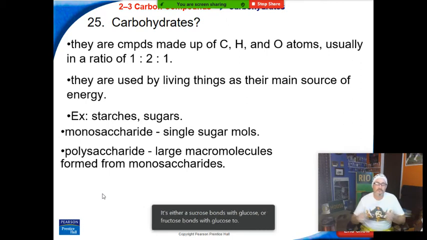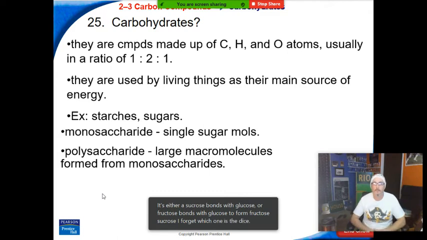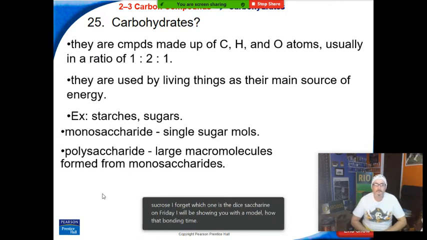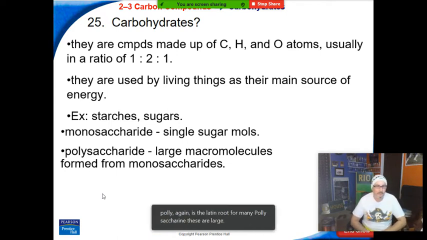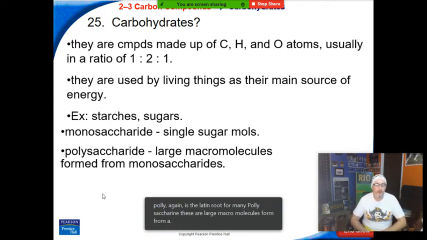I forget which one's the disaccharide. On Friday, I will be showing you with a model how that bonding takes place. Poly, again, is the Latin root for many. Polysaccharide, these are large macromolecules formed from a bunch of monosaccharides.